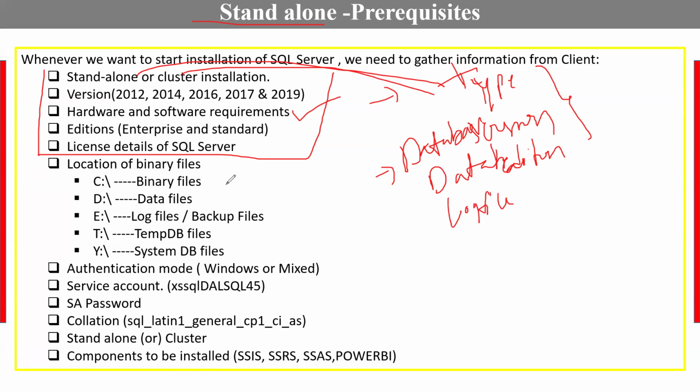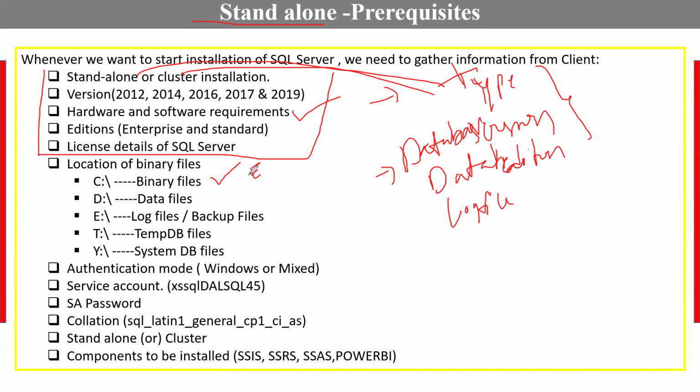mostly people put all the binary files on the C drive. That is also something we won't encourage, sir. We can encourage creating a separate drive, like an E drive or D drive, any drive; the drive letter can be anything.